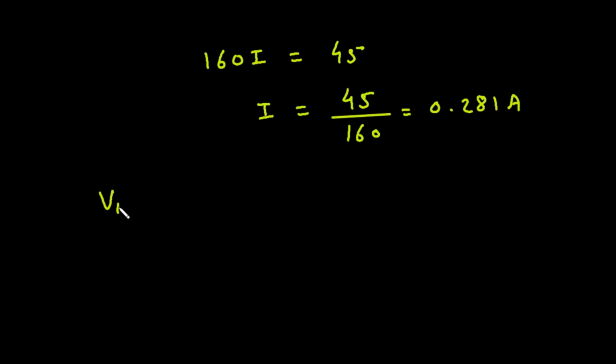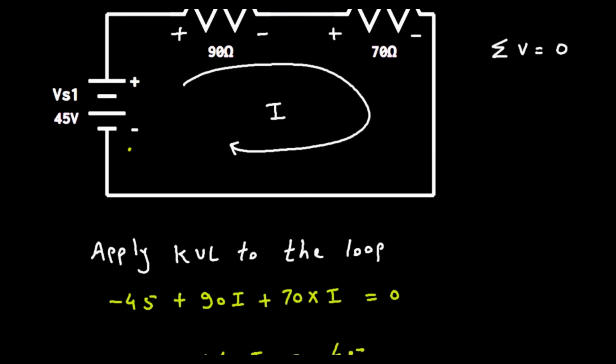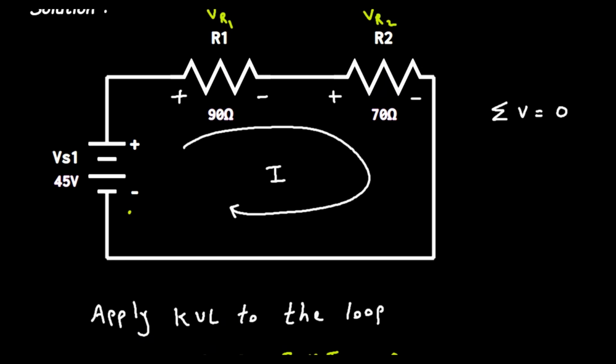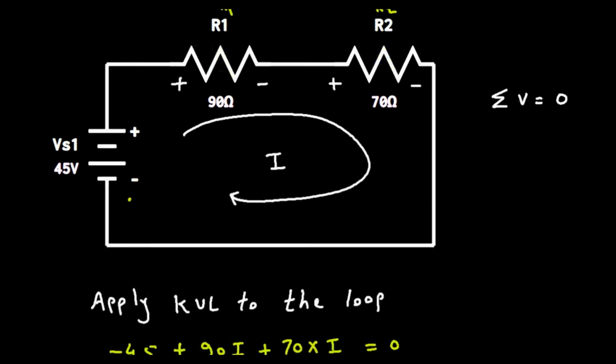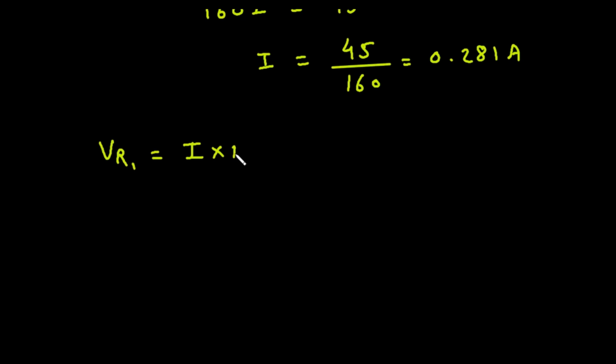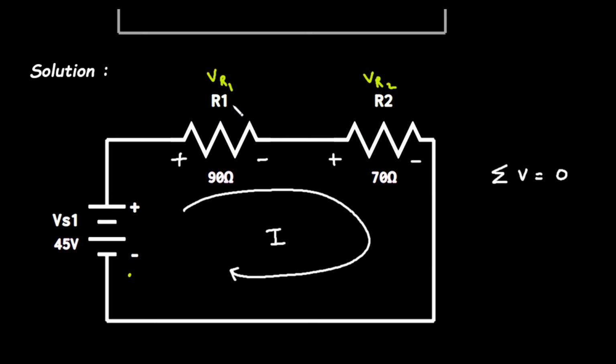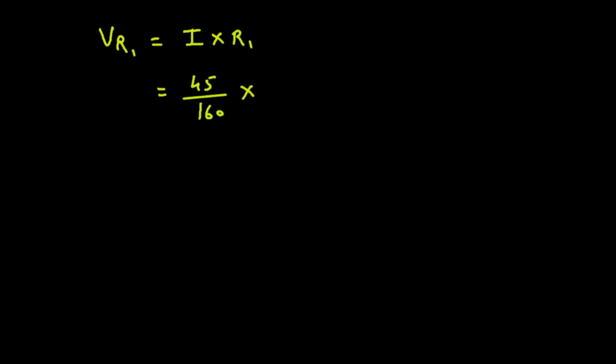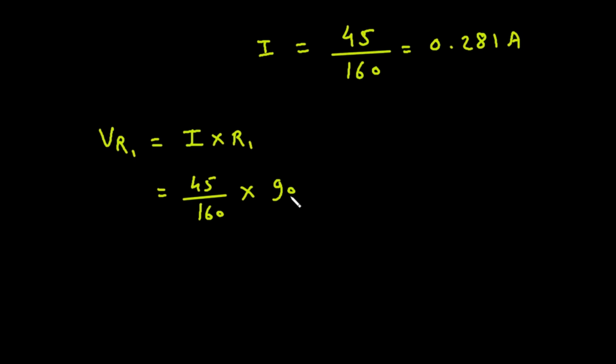So here VR1 is equal to the current through this resistor, that is I, and the value of resistance, that is R1. So I into R1. Now we got the value of I. To get the precise answer, we will take this fraction value, that is 45 divided by 160 multiplied with the value of resistance R1, which is 90.